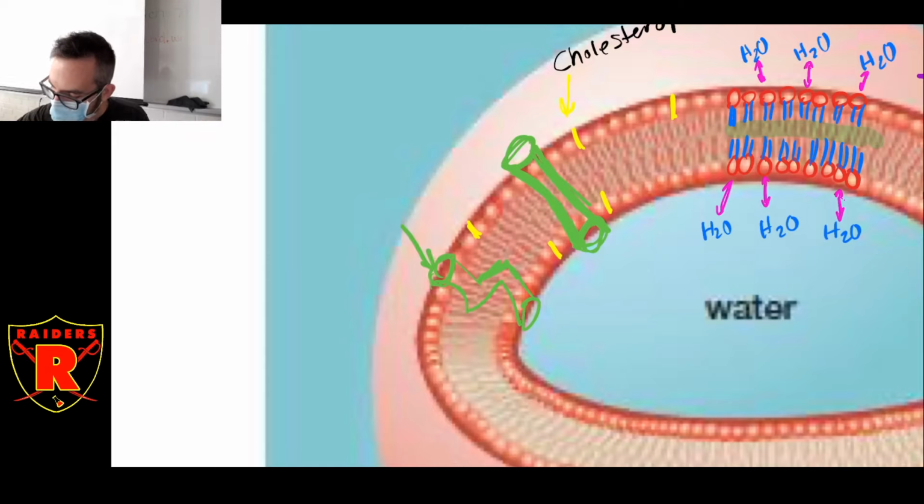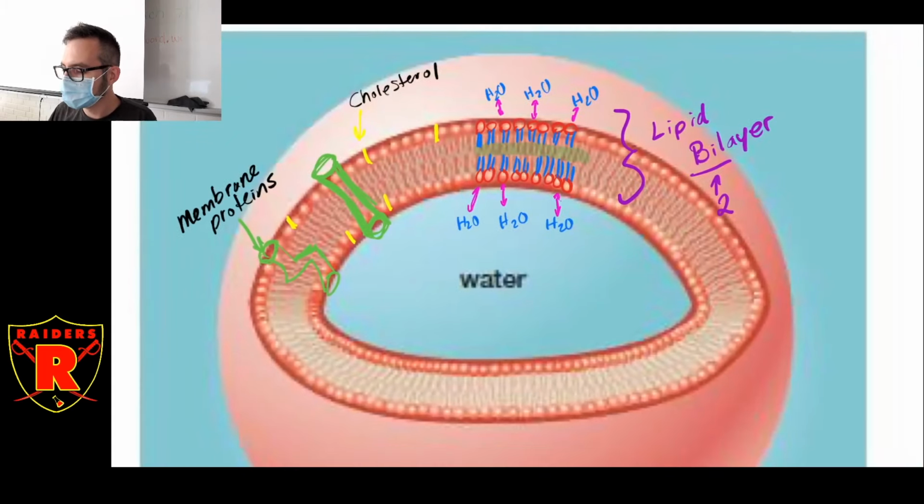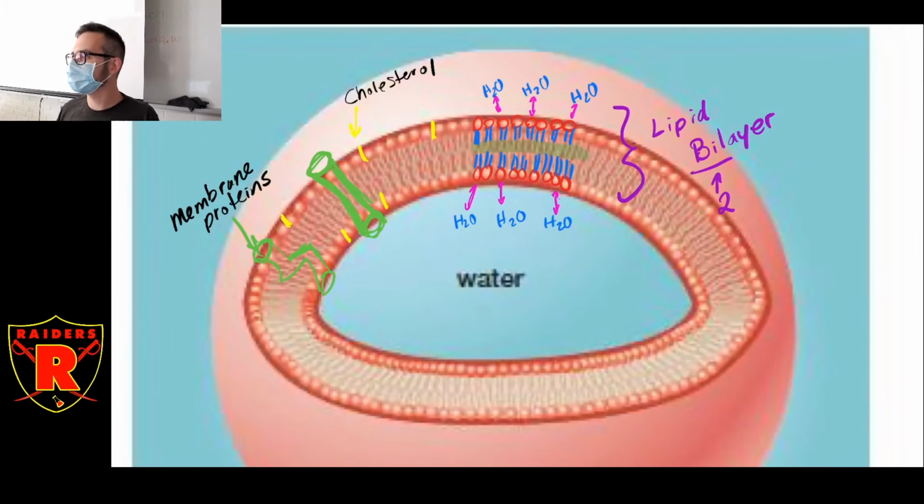These are called membrane proteins. So those are the three components: your lipid bilayer, your cholesterol, and your membrane proteins for transport.